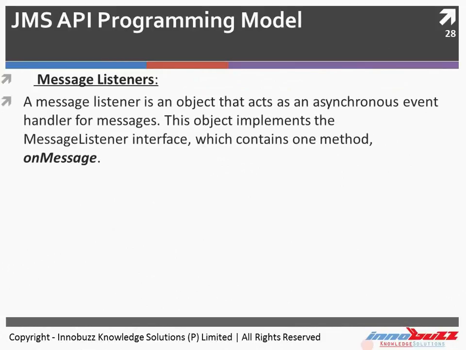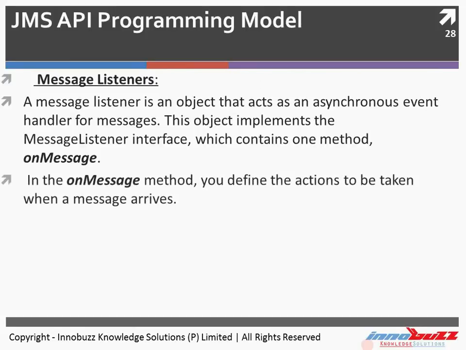So a message listener is an object that acts as an asynchronous event handler for messages. This object implements the message listener interface, which contains one method called onMessage. In the onMessage method, you define the actions to be taken when a message arrives.